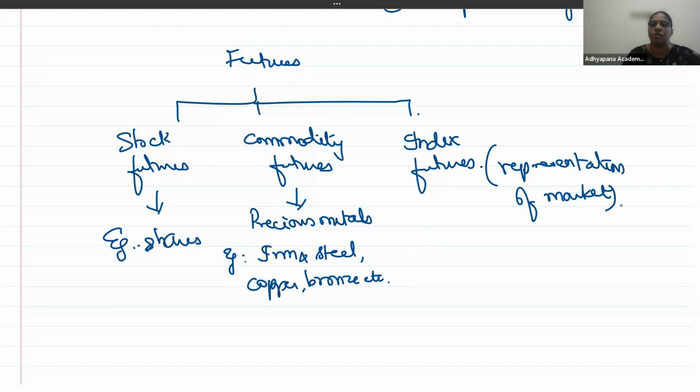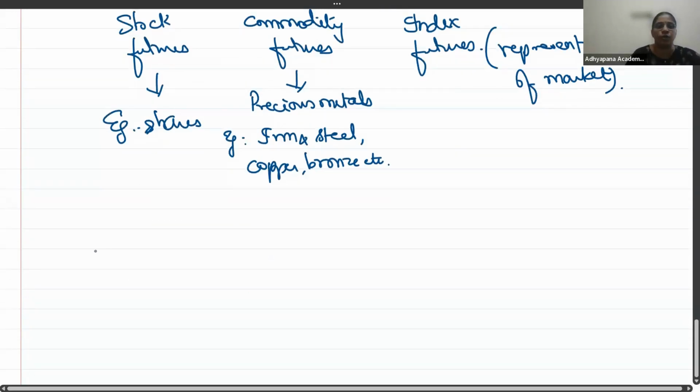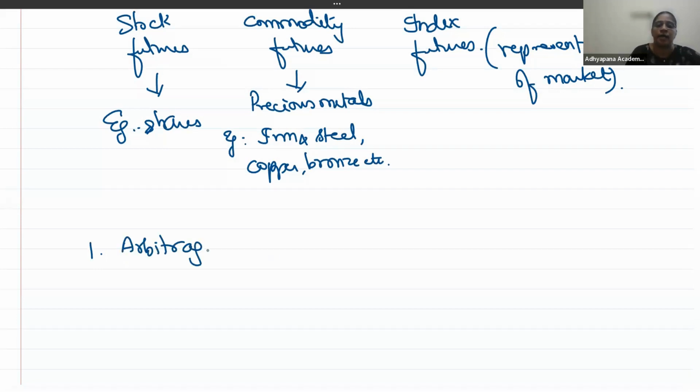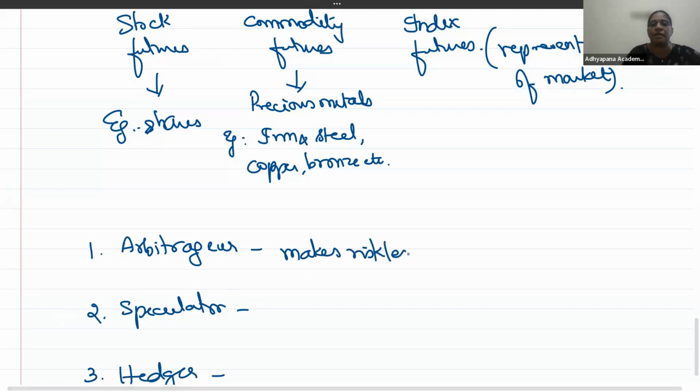Okay, right. So, what are we going to learn under derivatives? There are three types of parties. One is an arbitrator, next is a speculator, and the other is the hedger. Okay. An arbitrator makes riskless profits. Who is an arbitrator?